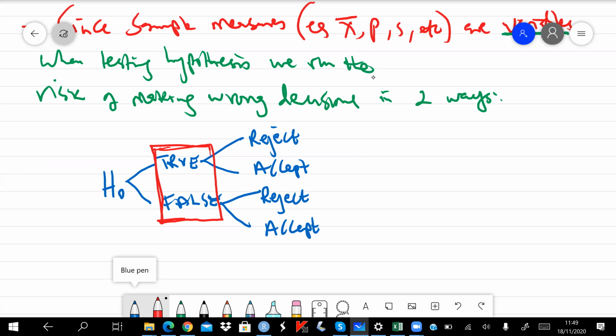So when you look at this, there are 4 possible decisions or 4 possible combinations. The first one, you reject a true null hypothesis. Is that a correct decision or a wrong decision? As we have observed, if you reject a true null hypothesis, this will be a wrong decision.